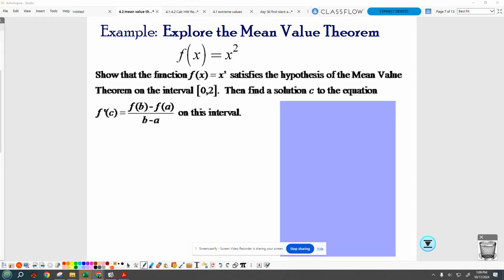Is that just C? No, it's the average. Yeah, I got one. Oh, no, 2x. That average, you can divide. Yeah, that makes sense.